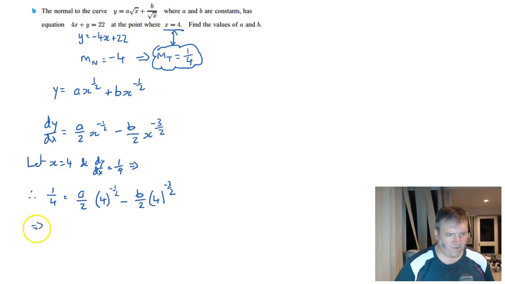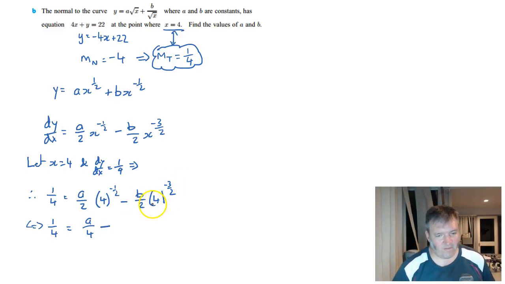Alright, what's equivalent to that? Here I have 1/4. 4 to the power of -1/2, that's 1 over 4 to the half, which is 1 over 2. A over 2 times 1 over 2 is a divided by 4, minus 4 to the -3 on 2. Well, the negative is going to make it go to the denominator, so it's going to be 4 to the power of 3 on 2 in the denominator.